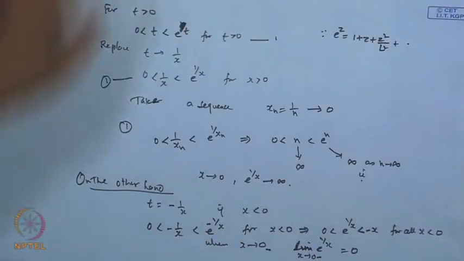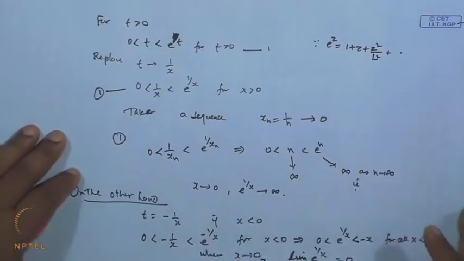So, the existence of the left or right hand limit depends on the function. Okay. And when both these limits coincide, then we say the function has a limit at the point x is 0. So, that is okay.